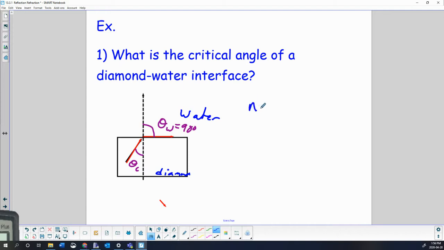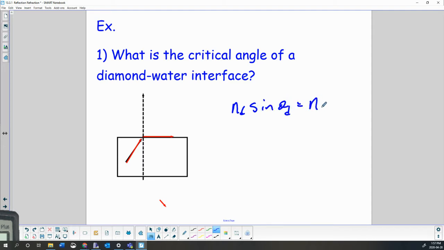So again, it has to be from diamond into water. We'll set up Snell's law this way: index of refraction in diamond times the sine of the angle in diamond is equal to the index of refraction in water times the sine of the angle in water. Now, if you look it up, the index of refraction for diamond is 2.42.